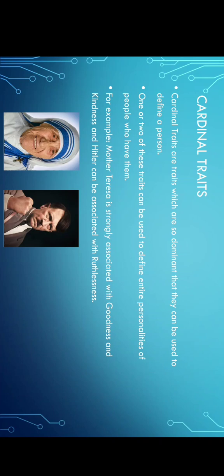Mother Teresa is strongly associated with goodness and kindness. And if we speak about Hitler, dictatorship can be a trait, and ruthlessness can be a trait that can be used to describe the personality completely. That's what we mean by cardinal trait.